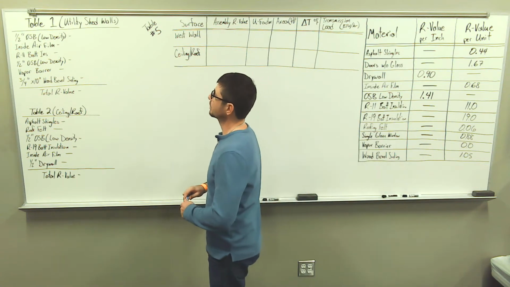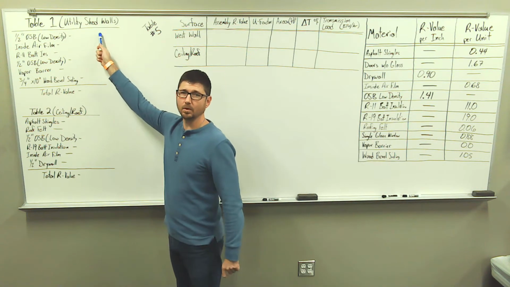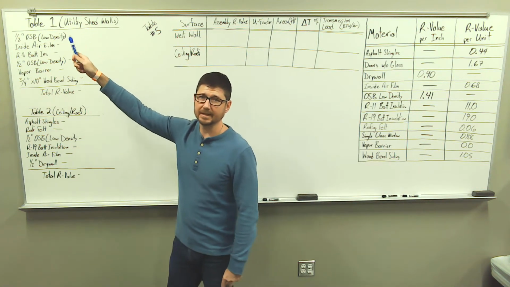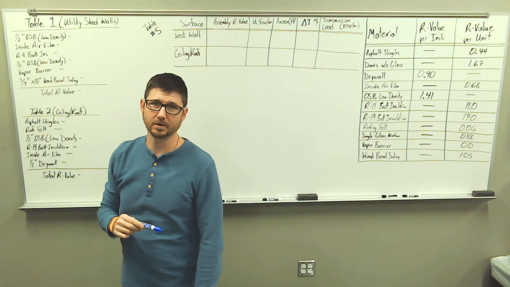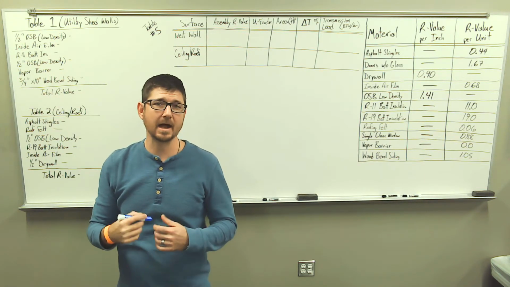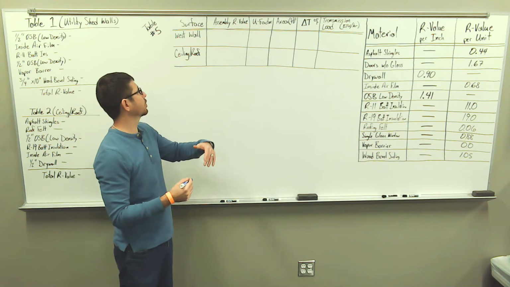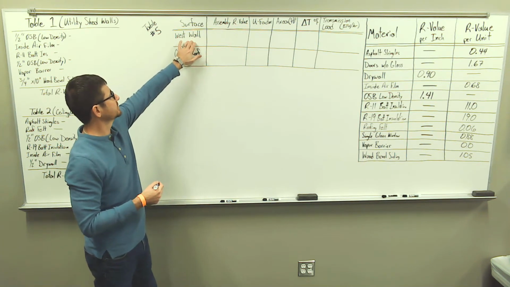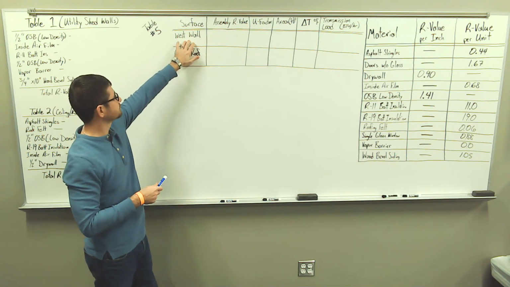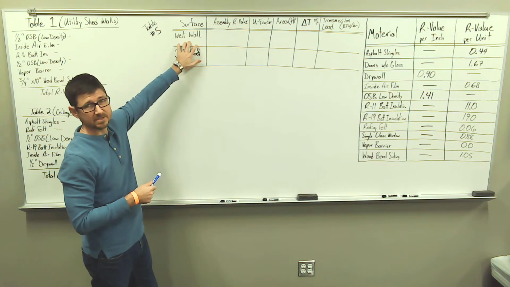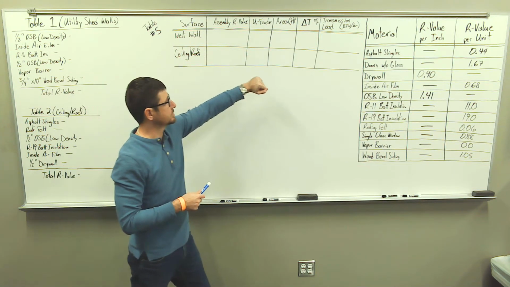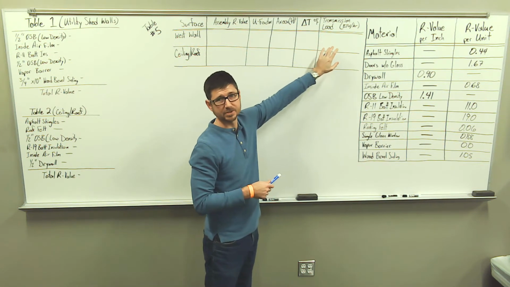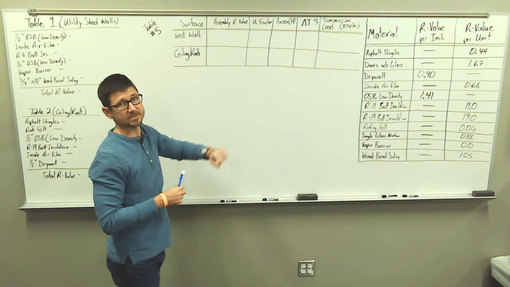In Table 1, for the utility shed walls, we are going to calculate the total transmission load through each wall. I am going to complete the west wall with you. As you see in Table 5, one of the rows is the west wall, so we are going to calculate the total transmission load through the west wall.